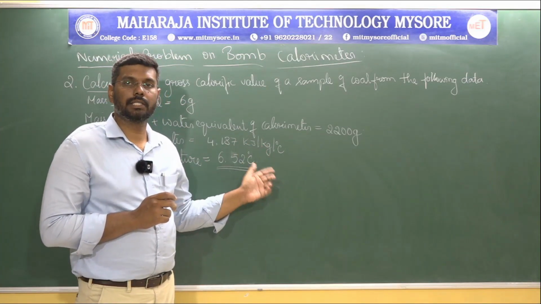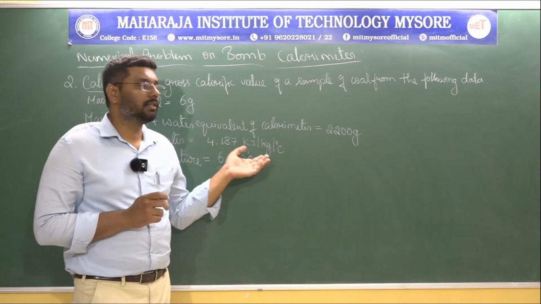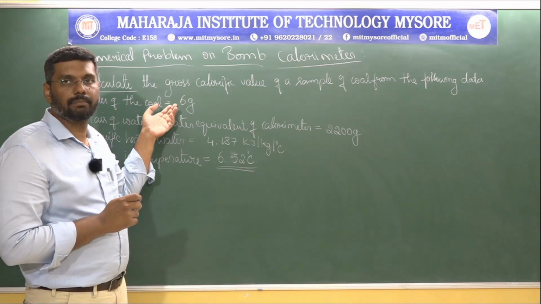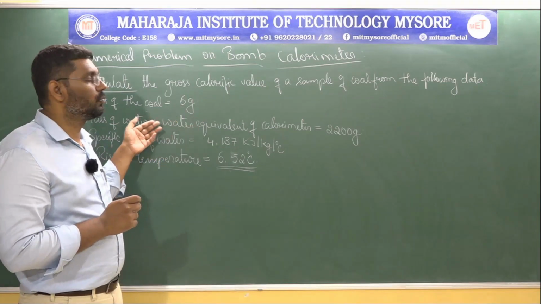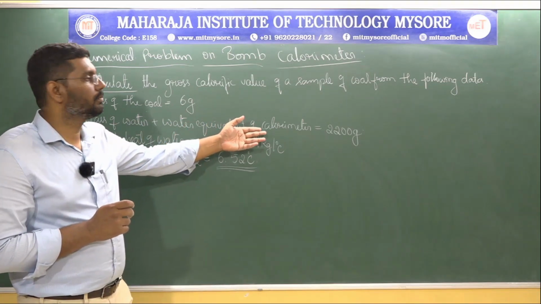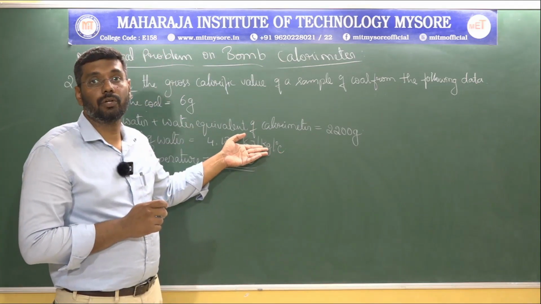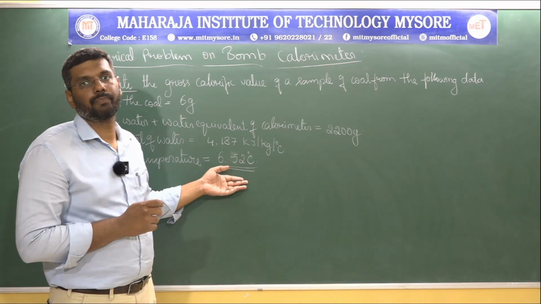The final answer will be expressed in kilojoules per kg. But in this numerical problem, he has given the mass of the coal sample in grams, the mass of water and water equivalent of calorimeter in grams, and the rise in temperature in degrees Celsius.